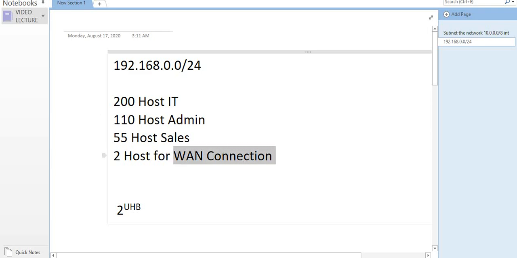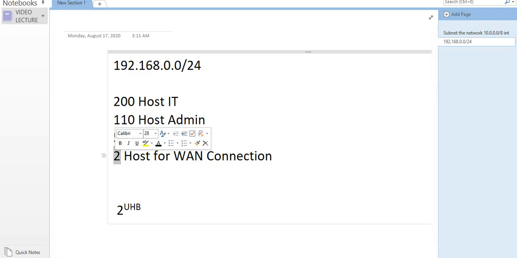This is where we connect our router to the ISP, and for that network you connect to the ISP using just 2 IP addresses. So we need 200 hosts for IT, 110 hosts for the admin department, 55 hosts for the sales department, and 2 valid IP addresses for the WAN connection.